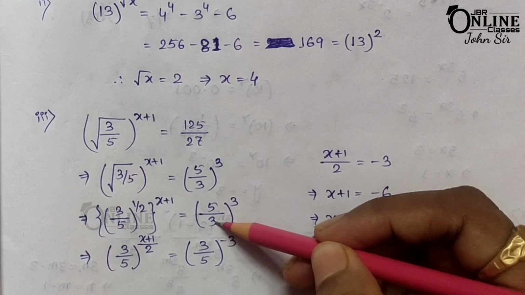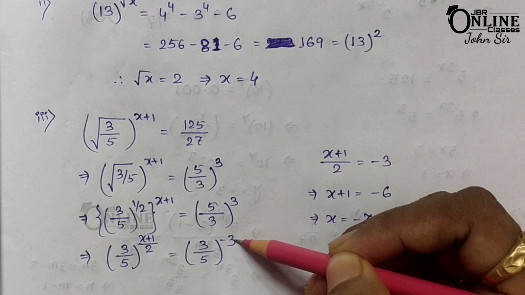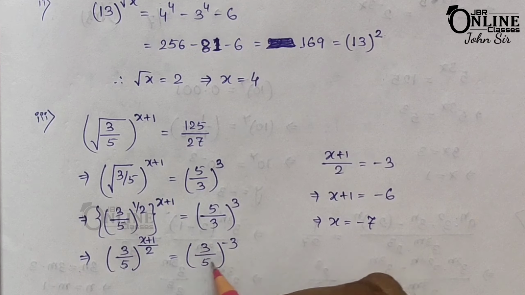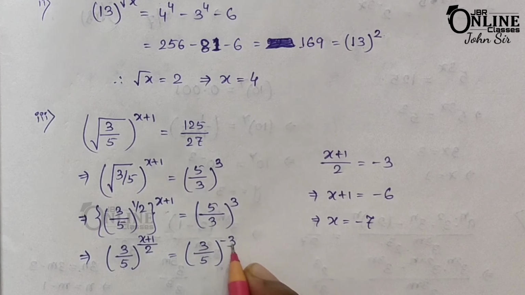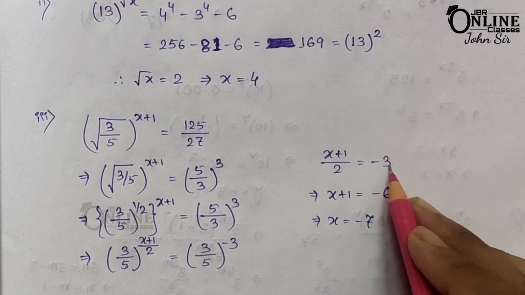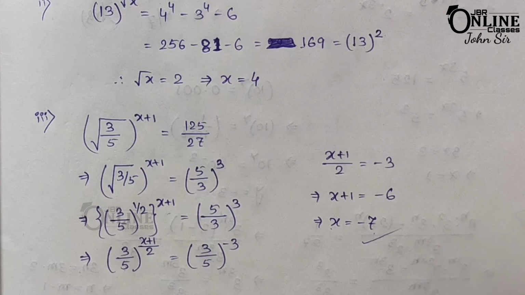And as here 5 by 3, just change it to 3 by 5, then it will be minus 3. Okay, so now in both cases here will be 3 by 5, here also 3 by 5. So you can directly write down that power will be equal to this one. So x plus 1 by 2 equals minus 3, and from that x equals minus 7.